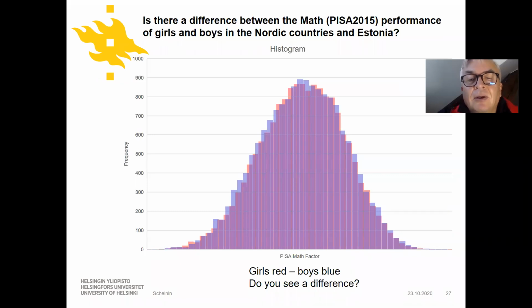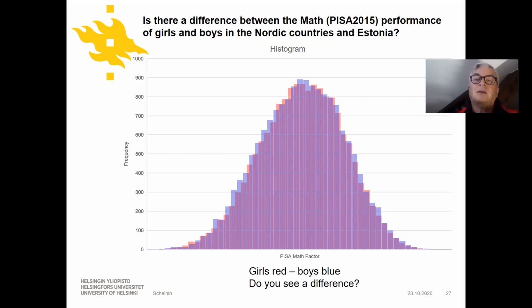Well, if you look closely, you can see that there may be something going on here. More boys with lower values here, slightly more girls with higher values over here. Maybe even that on the top of the distribution, the boys have a slightly sharper distribution than the girls.